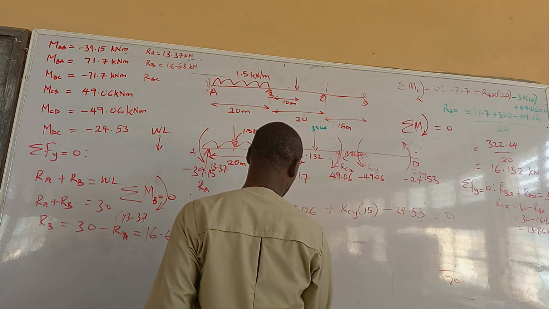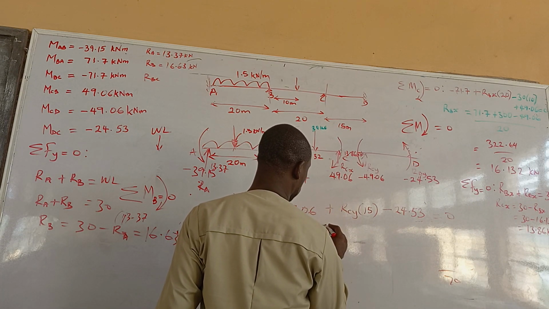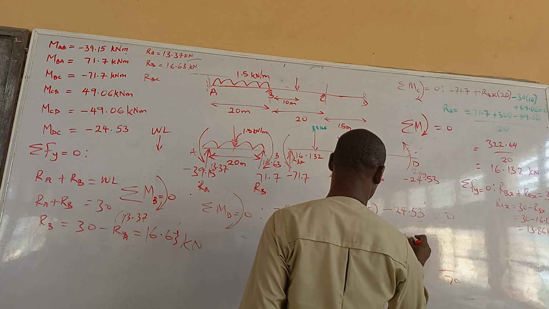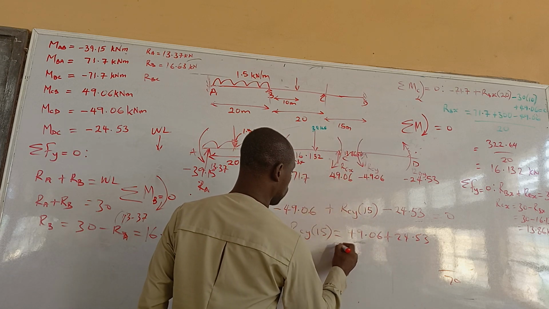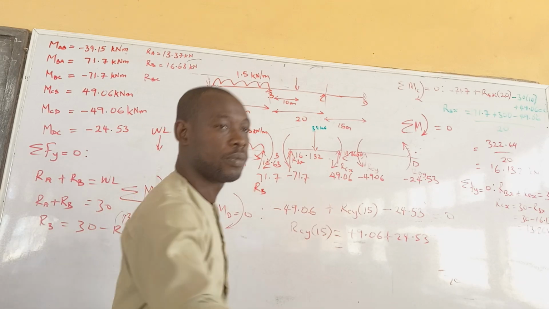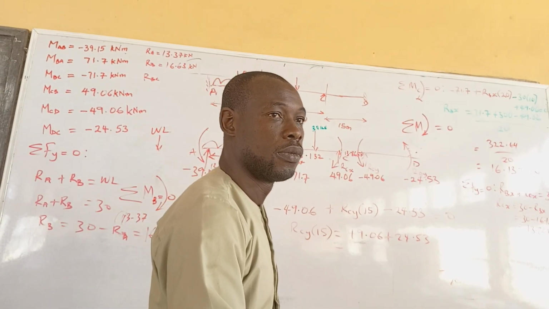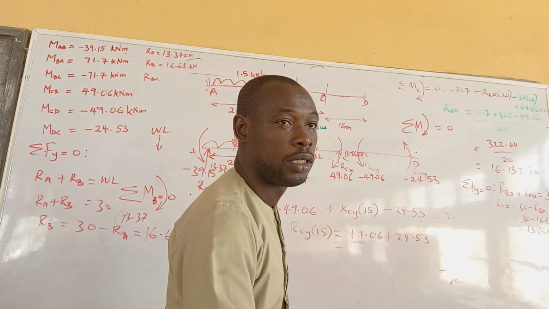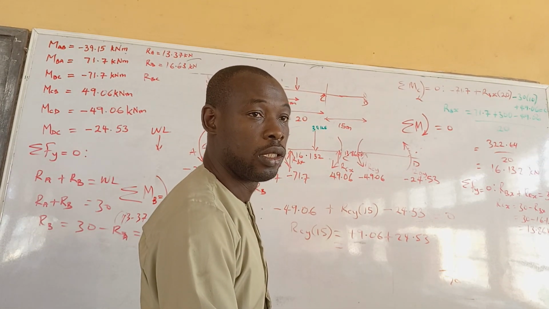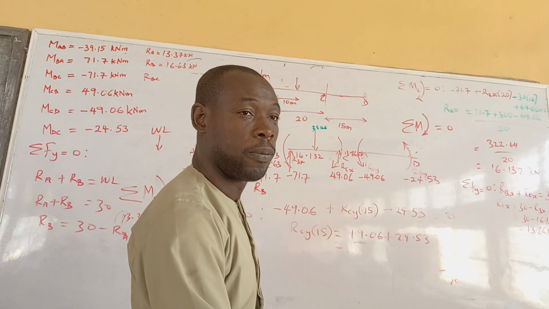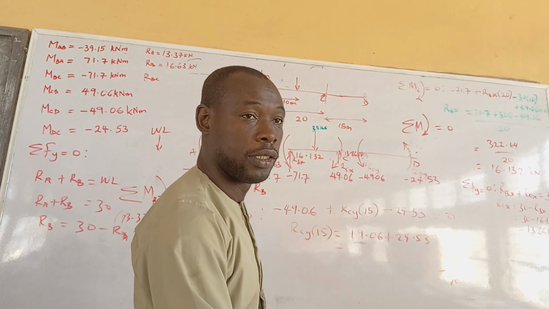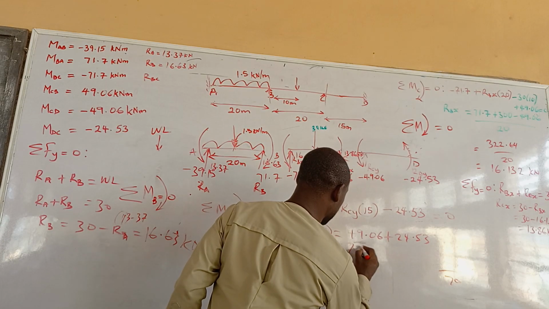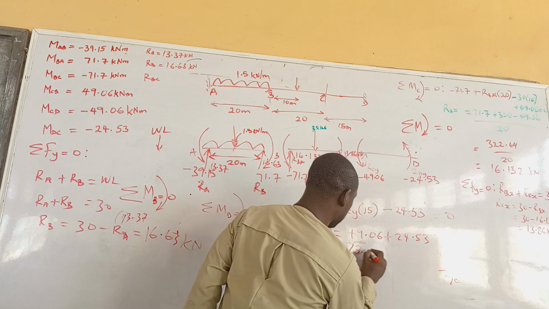So I have RCY times 15 to be equal to 49.06 plus 24.53, which is equal to 73.59.